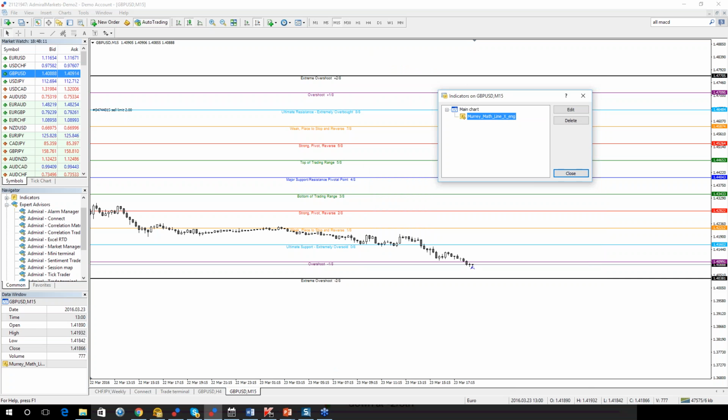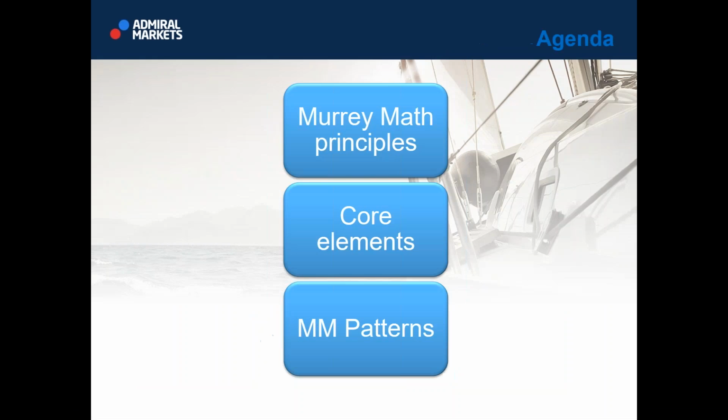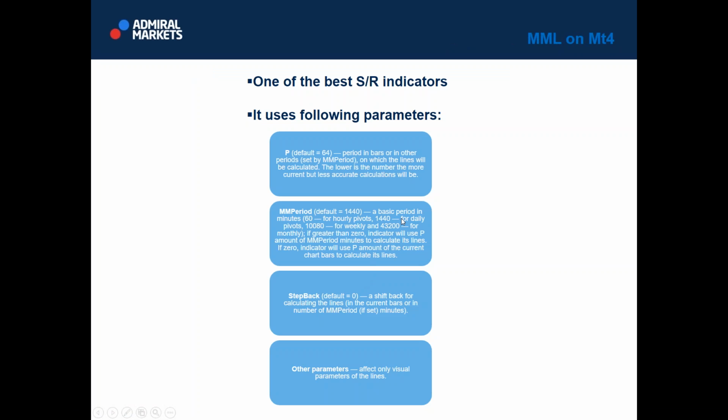I never do that, but maybe if you're a long-term trader, this is how you can set it. For daily pivots, 1440. For weekly pivots, you see, 10,080, and 43,200 for monthly. Usually, if you go with weekly or monthly pivot points, you will be trading on 4-hour or daily time frame. So that's it, yeah.